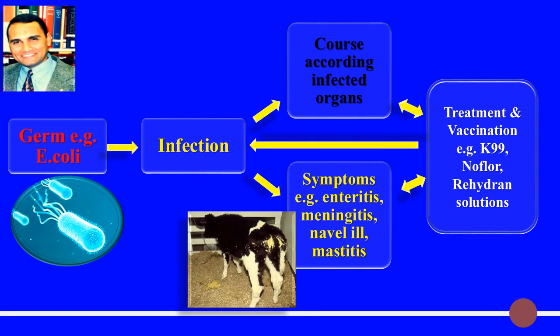Germ theory of disease. The germ theory of disease is currently accepted scientifically for many diseases. It states that microorganisms known as pathogens or germs can lead to disease. These small organisms, too small to see without magnification, invade animals, humans, or other living beings.